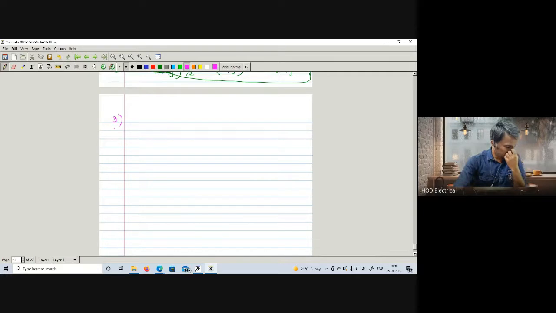We have the vector A equal to 3x into i gap plus 0.5 y square into j gap plus 0.25 x square y square into k gap.